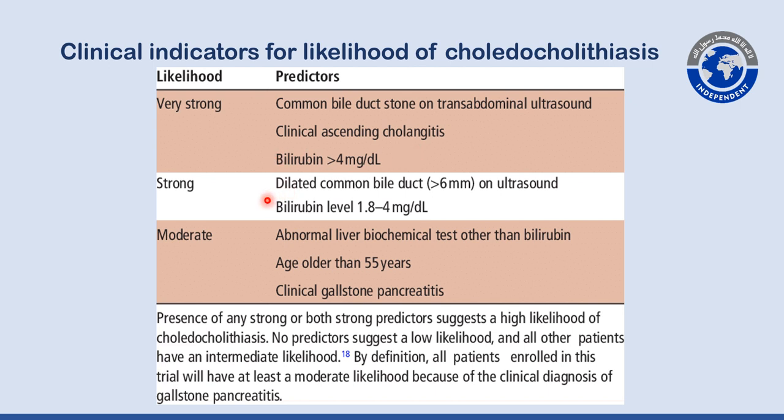And when only two of them are present, that's dilated CBD, only the common bile duct is dilated, no stone is seen, and bilirubin is on the higher side, then it is called strong likelihood. The likelihood will be moderate when there are abnormalities on liver function tests and the patient has pancreatitis. So whenever we are going to diagnose, we have to keep in mind these clinical indicators for likelihood of choledocholithiasis.